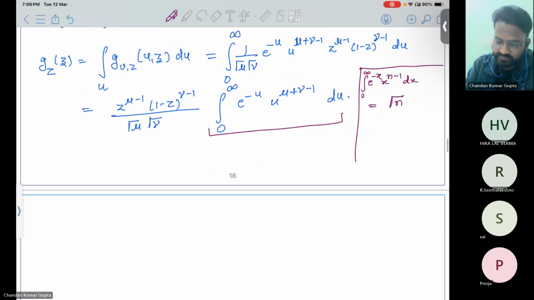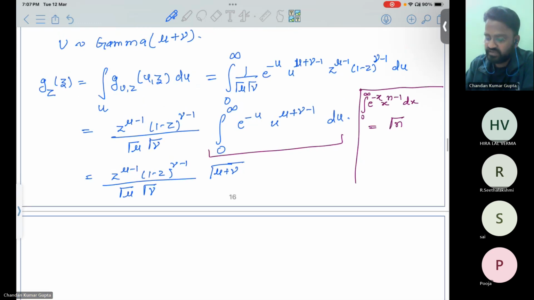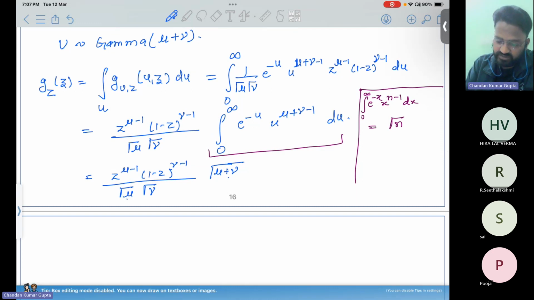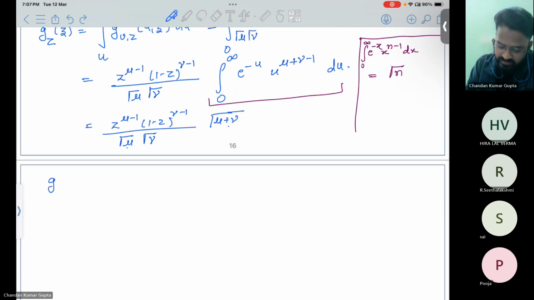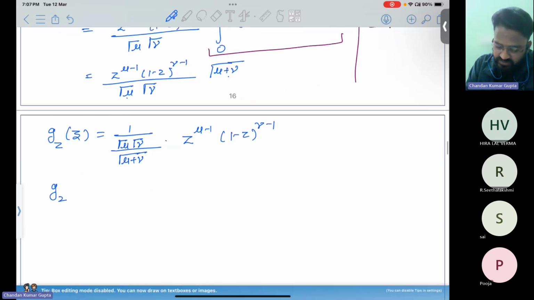That means we get z to the power mu minus 1, 1 minus z to the power nu minus 1 upon gamma mu gamma nu, times gamma of mu plus nu. That is equal to gamma of mu plus nu upon gamma mu gamma nu, times z to the power mu minus 1, 1 minus z to the power nu minus 1.